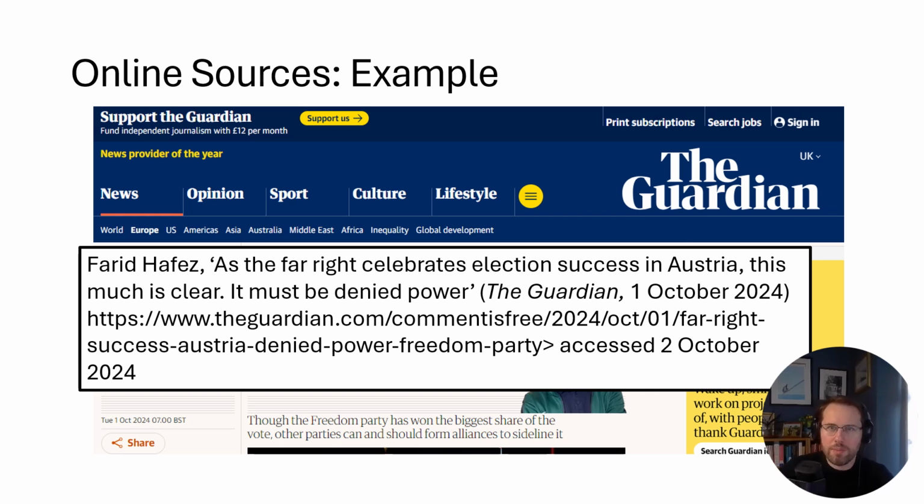But really it's all about trying to be as consistent as possible, making sure that you are attributing correctly and giving people credit where credit is due, and demonstrating that you have research to back up what you're claiming. Those are the key points, okay?